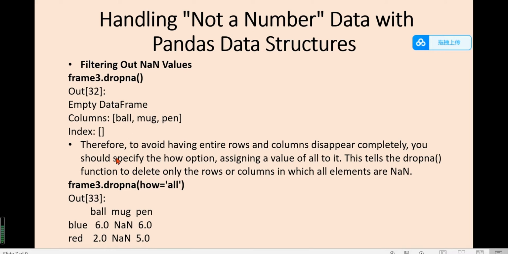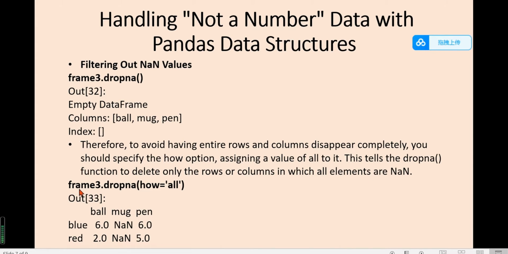Therefore, to avoid having entire rows and columns disappear completely, you should specify the how option, assigning it a value of all. This tells the dropna function to delete only the rows or columns in which all elements are NaN.